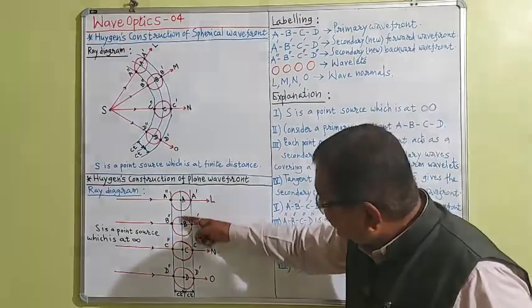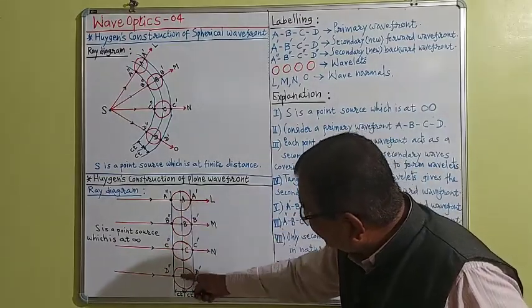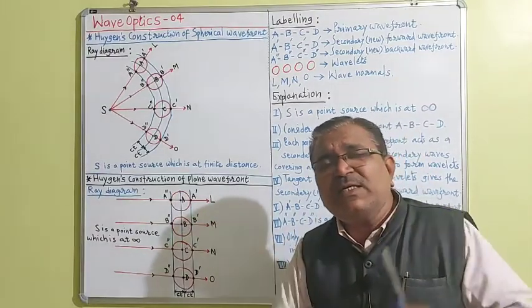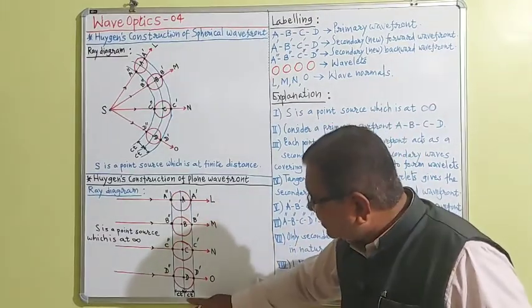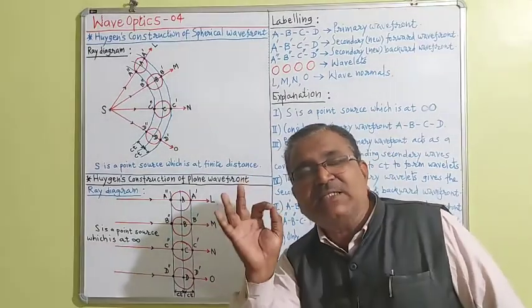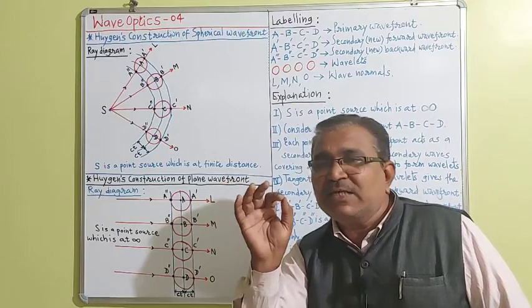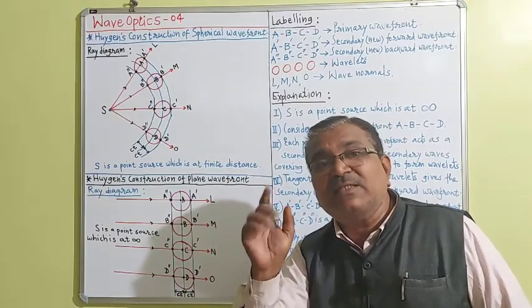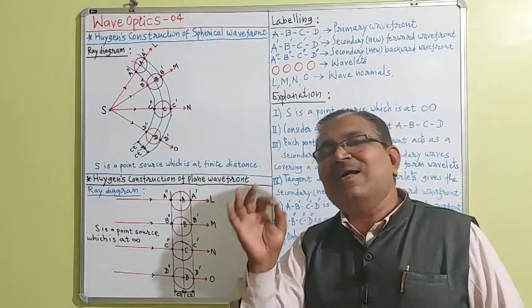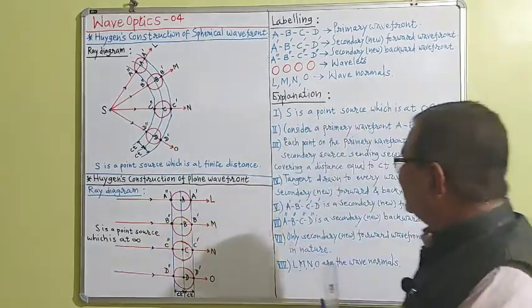Number 2: every point on the primary wavefront A, B, C, D acts as a secondary source, sending out secondary waves covering a distance equal to Ct on this side as well as on this side, where C is the velocity of light and Ct is the distance covered by the wave in time t.